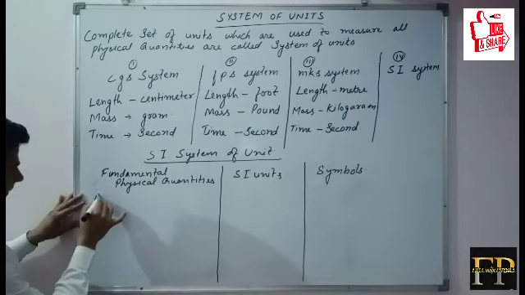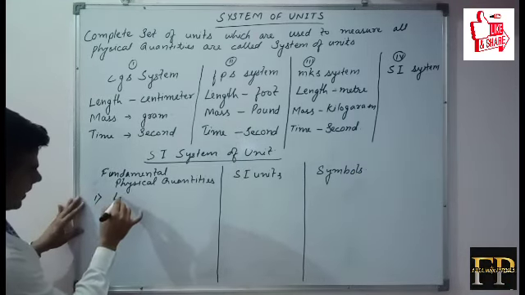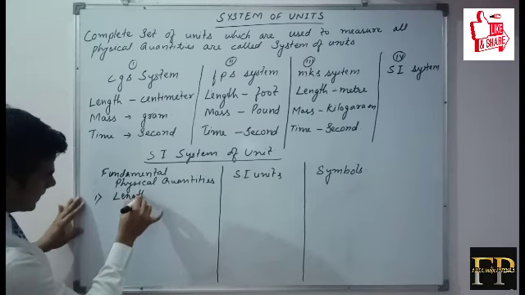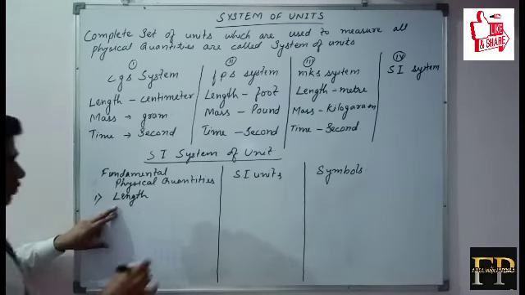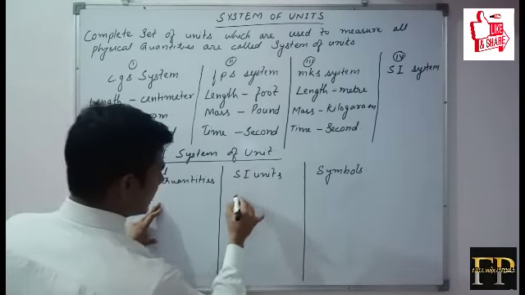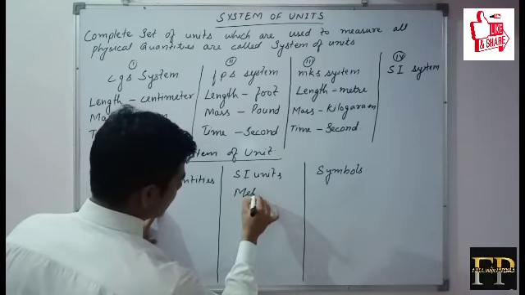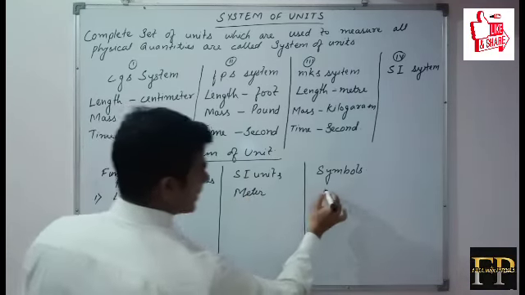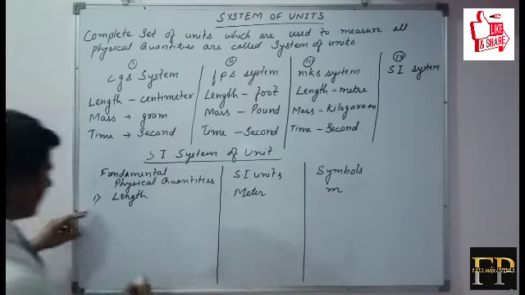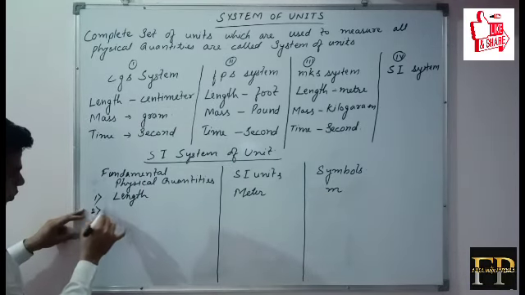So number 1 is length. The SI unit of length is meter, and we write it as a small m. Next, number 2, mass.